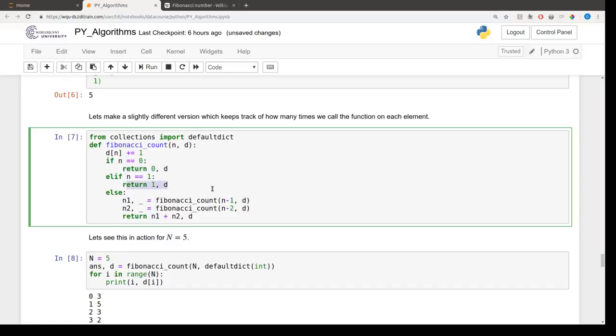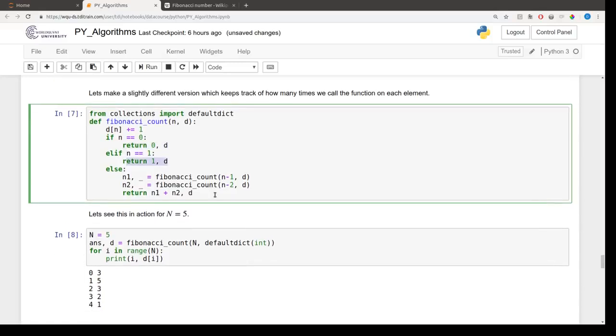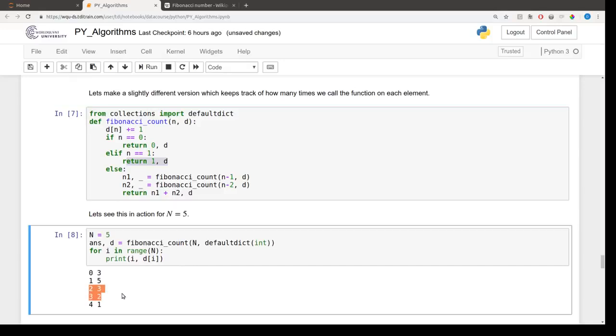We can just return the answer. So where we're really being somewhat redundant and inefficient is by recalculating the 3rd and 2nd Fibonacci number several times.